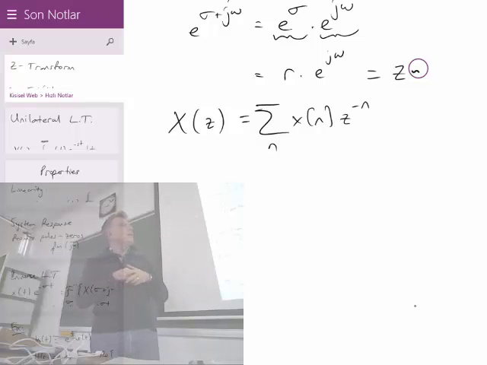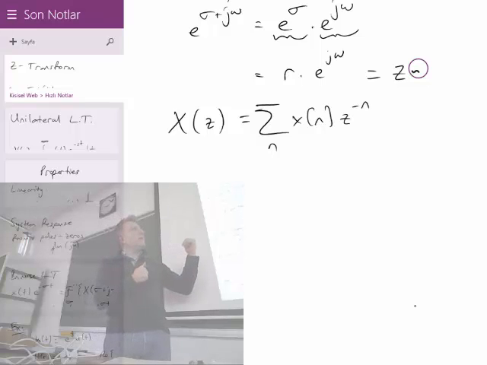It will have expressions like something times z to the 0. z to the minus 0 is z to the 0, which is 1. Then we will have another coefficient, x of 1, times z to the minus 1, plus something else times z to the minus 2, plus something else times z to the minus 3, etc. These will formulate our z polynomial.